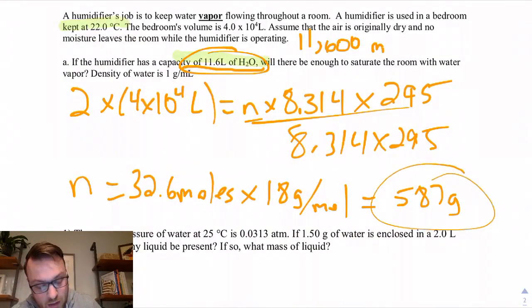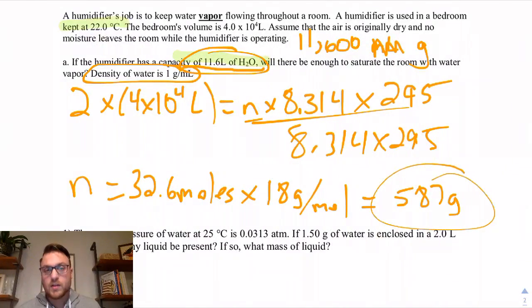So there's 11,600 grams of water in your machine. Your room needs 587 to be saturated, aka completely filled with water. So yes, your humidifier can do this quite easily. It sounds like you have a pretty big humidifier. So if I were you, I would use this humidifier to saturate a much larger room with water vapor and not your tiny bedroom, because it is doing work.